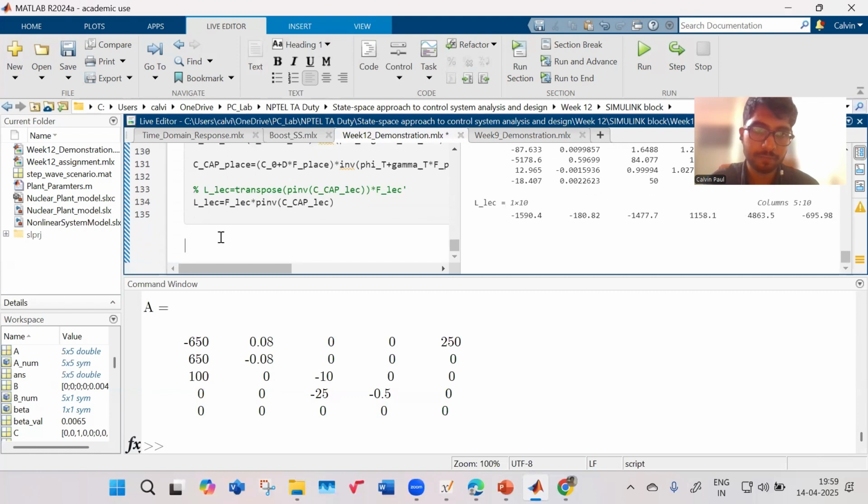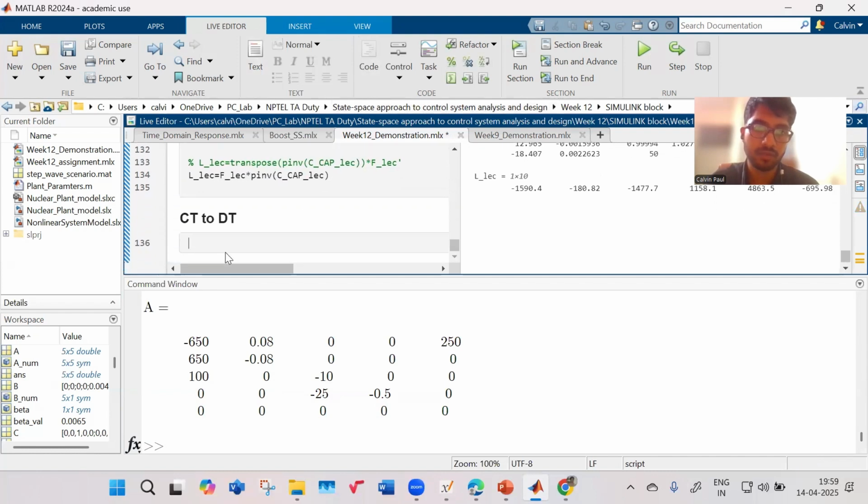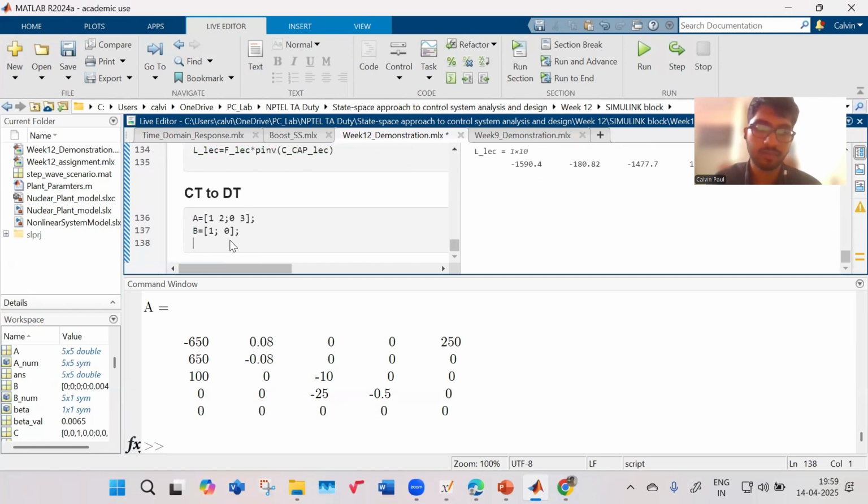the heading CT to DT, where we have A equal to [1 0; 0 3], and B this will be [1; 0]. Okay, phi_T is expm of A into T. Let us take T equal to 1.